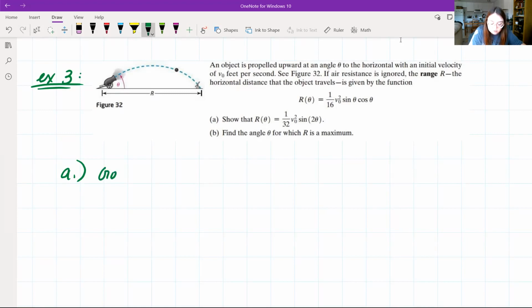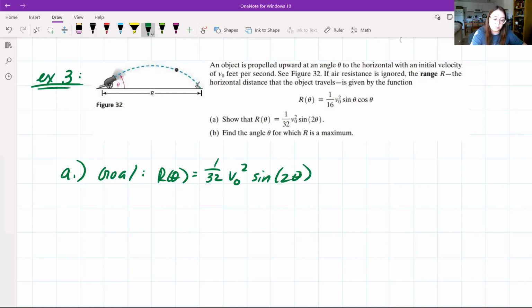So our goal here is that we want to get r of theta equal to 1/32 v naught squared sine of 2 theta. We know that sine of 2 theta is equal to 2 times sine of theta times cosine of theta. And in our original equation, we have sine of theta times cosine of theta.